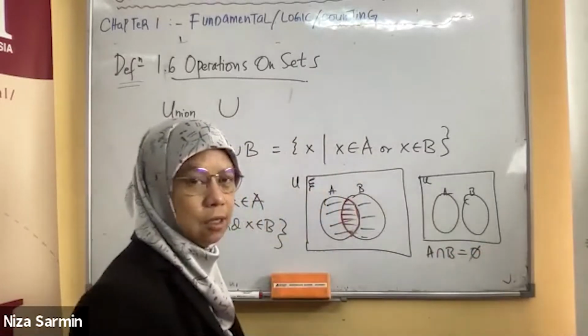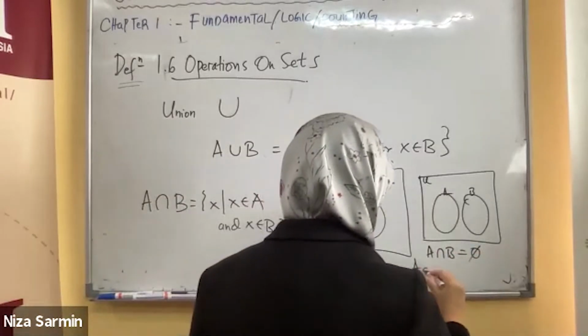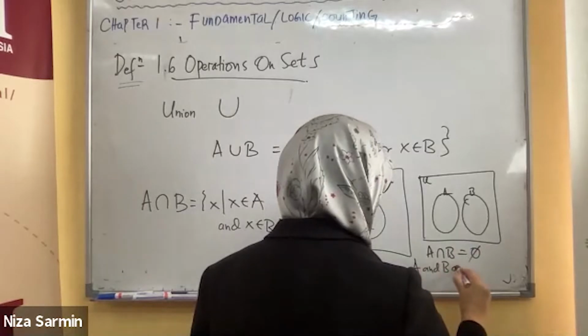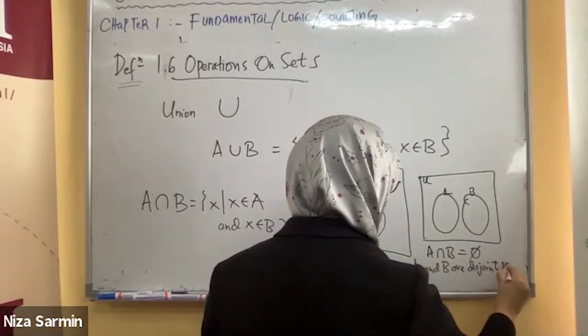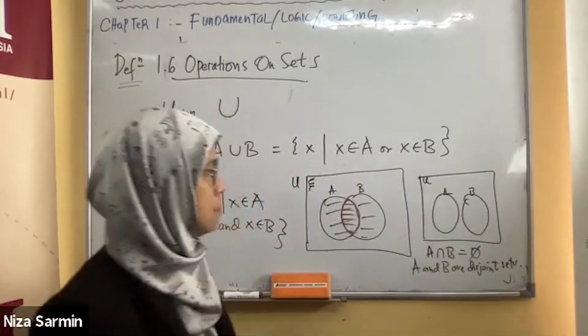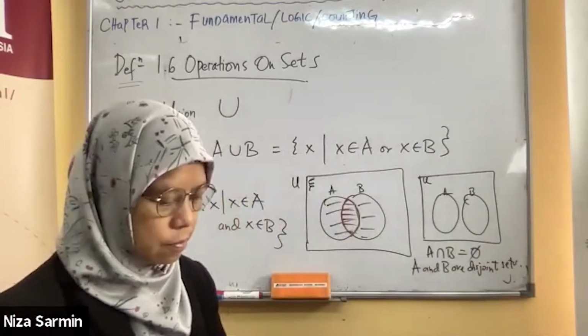They don't intersect. We call A and B disjoint sets. Disjoint sets. Okay.